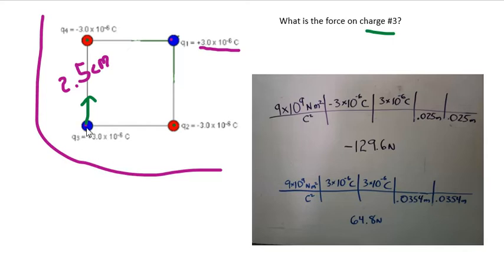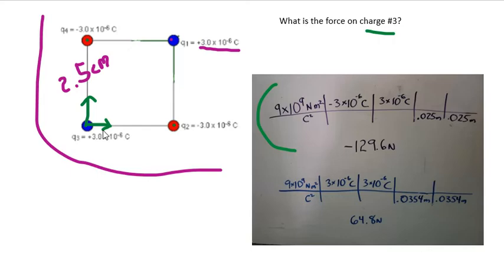And if this one is attracted to that one, it means it's getting pulled up. When I look at the forces between Q3 and Q2, it's actually the same number, so it's still this calculation. I'm still going to get a negative 129.6, which means that's a force of attraction, which means Q3 will get pulled this way. So again, I have to look at the situation, and I have to establish what direction that means on my own.